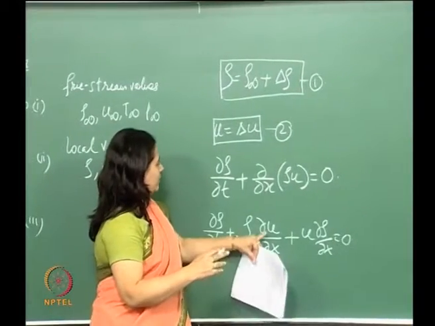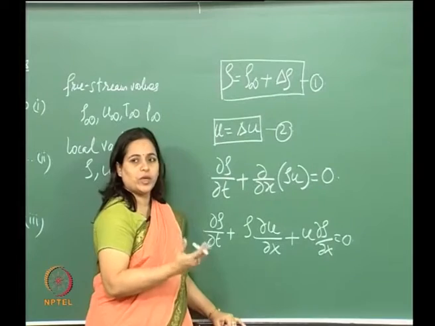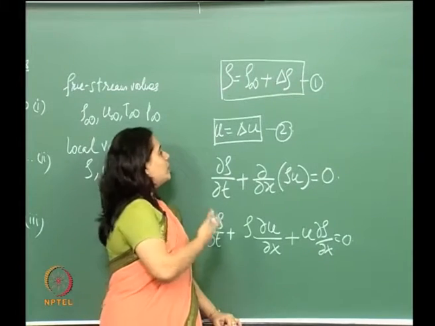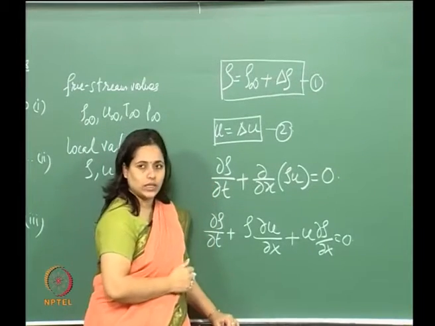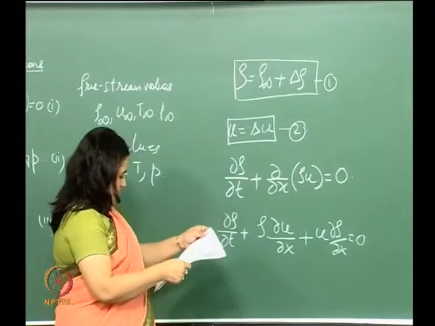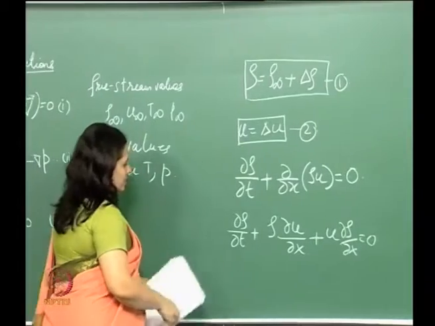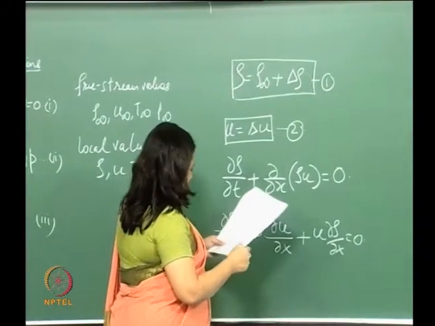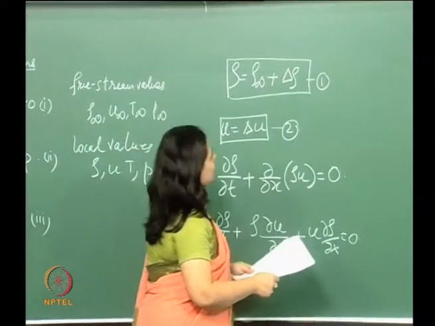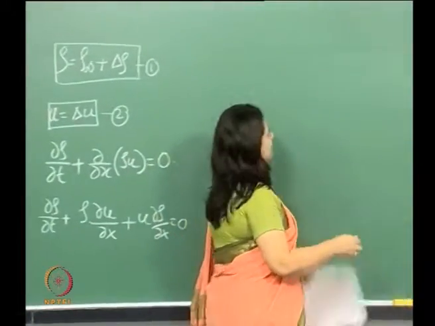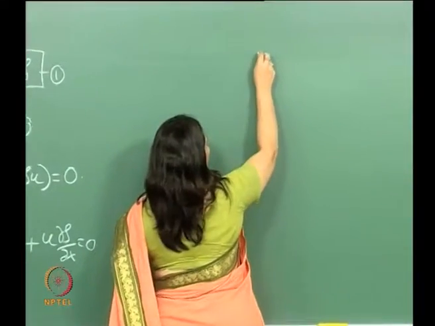And the velocity of course is the ambient, say undisturbed. So, then we have u is equal to delta u, right. If I do that, then what do I get, right. Let us write it here.